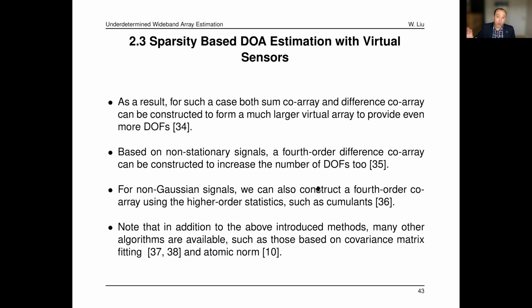So basically for different orders, second order or fourth order, you can generate different co-arrays, and for higher order co-arrays, certainly you have more degrees of freedom. As I said, there are many different sparsity-based solutions available. Here I just give you some of them which are often used in the literature.